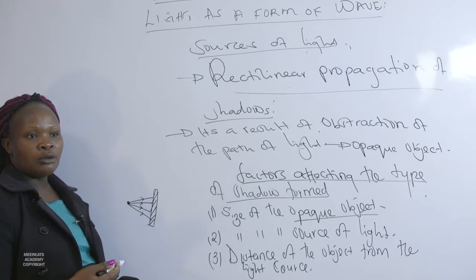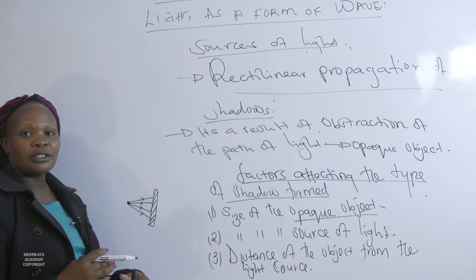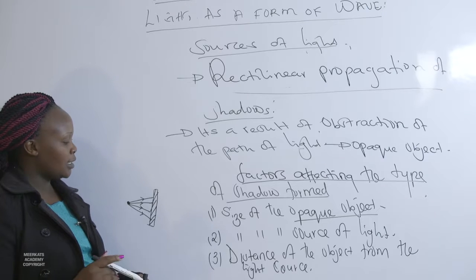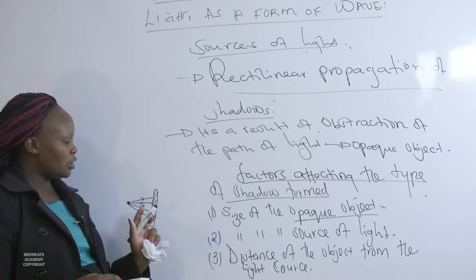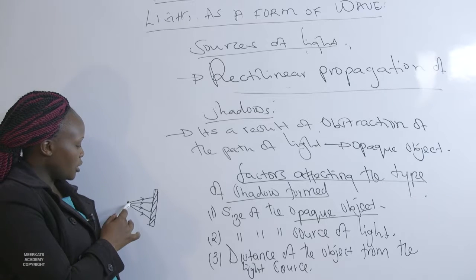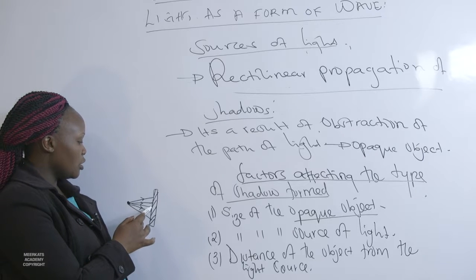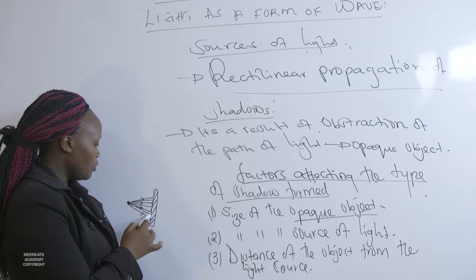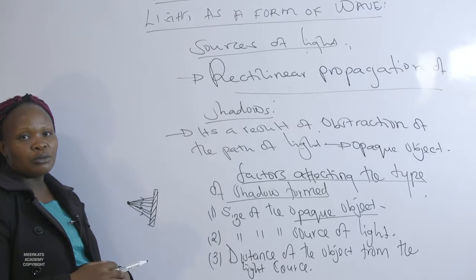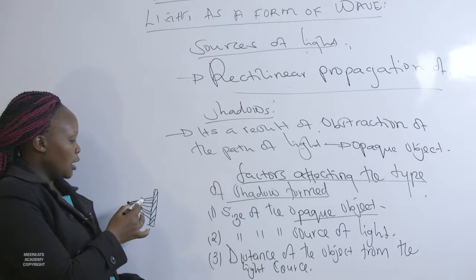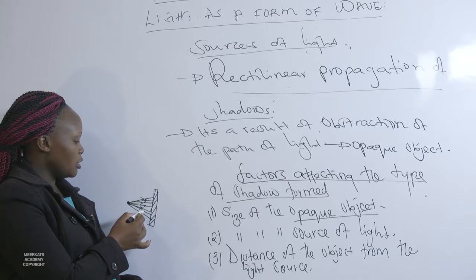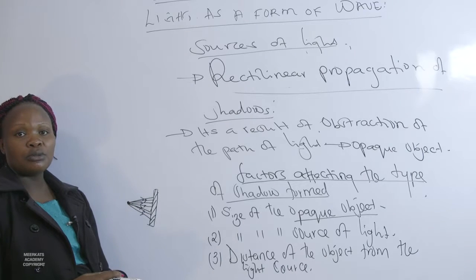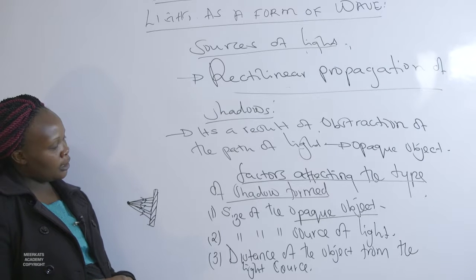That way, you are assured of a totally dark, uniform shadow. If you have a source of light, it's going to be concentrated over a very small area, and therefore, all of it is going to be obscured, and that one means that our shadow is going to be uniformly dark.